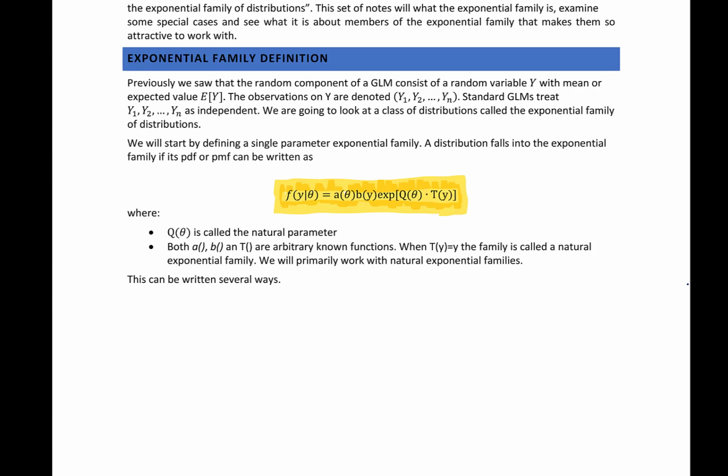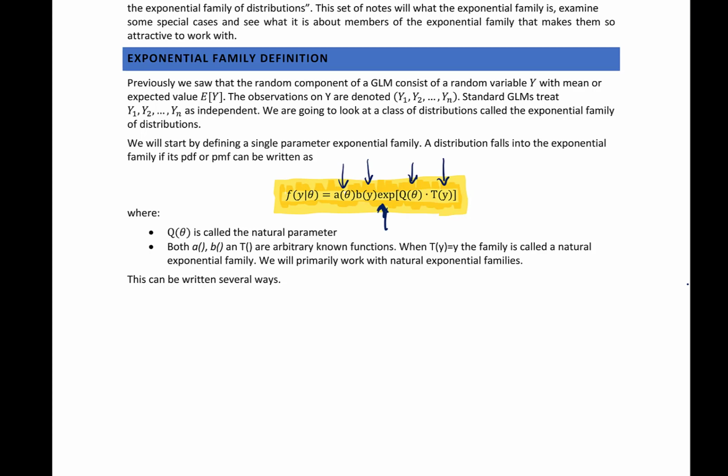Notice we're really splitting the PDF into a couple different components. We've got a component that's in the exponent, and in the exponent we're going to have some function of the parameter times some function of y. Then outside of the exponential, we have a function of the parameter and a function of y.